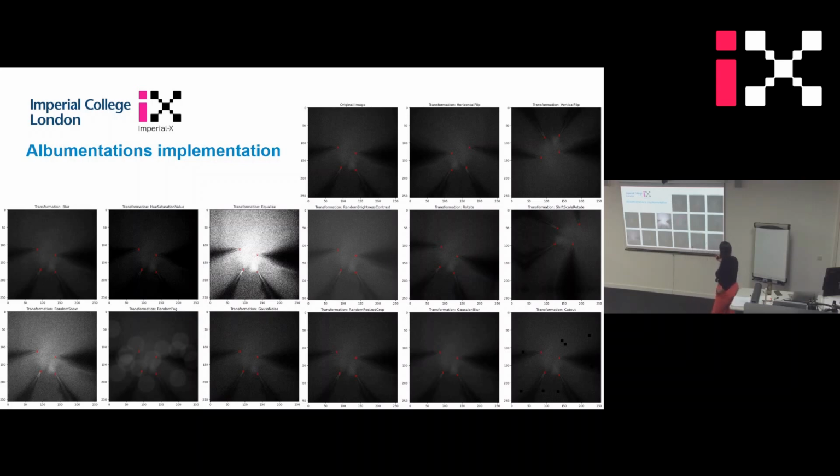Then I have a horizontal flip and a vertical flip. Here, for example, are different types of noise that you can add: random snow, random fog, which just looks like big circles, and some Gaussian noise. You can also crop the image and resize it, or add some blur.